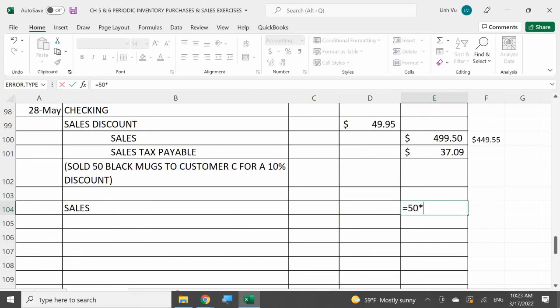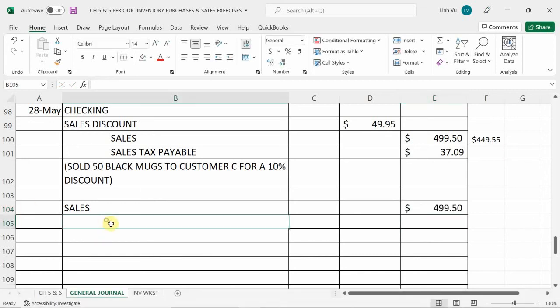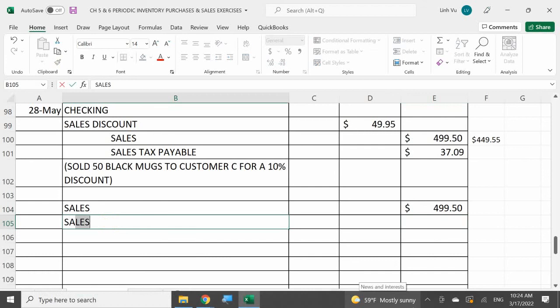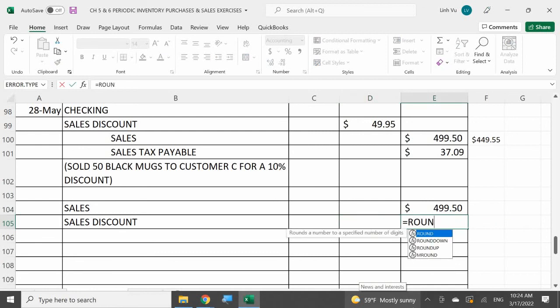The 50 mugs at $9.99, right? Then you're going to have the line item that says your sales discounted, which is going to subtract the discount.